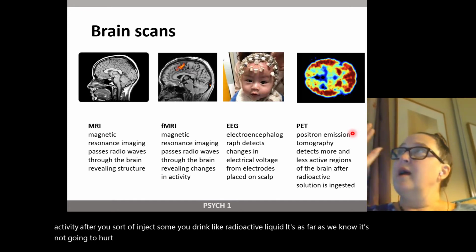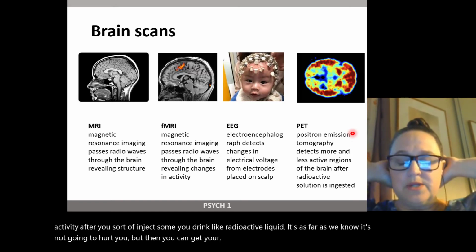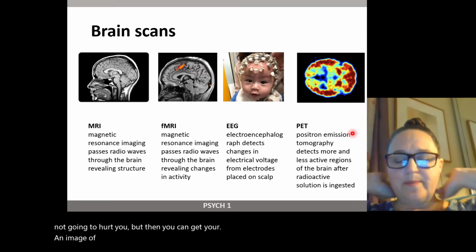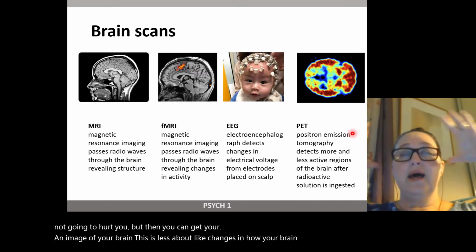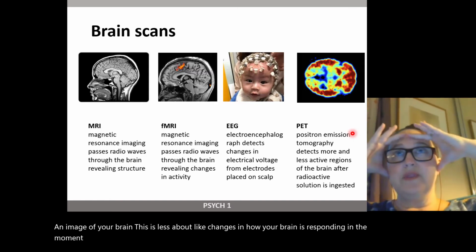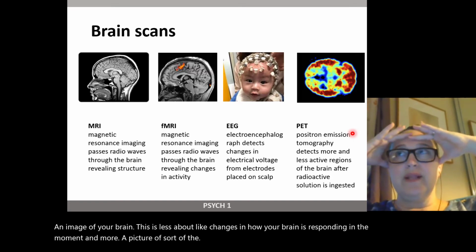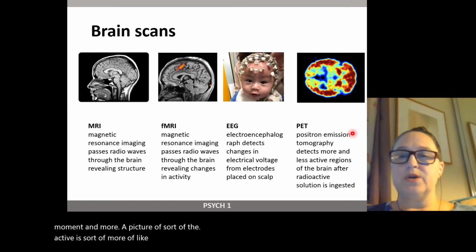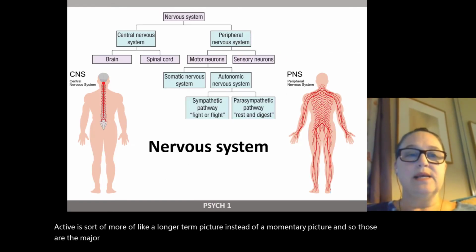And then you can get an image of your brain. This is less about changes and how your brain is responding in the moment, and more of a longer-term picture instead of a momentary picture. And so those are the major types of brain scans.